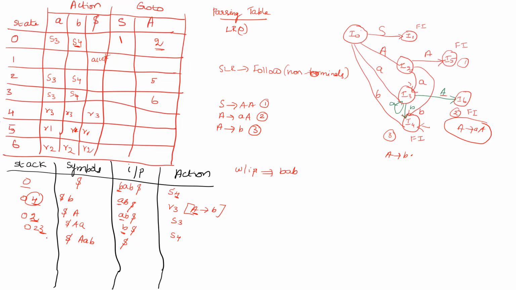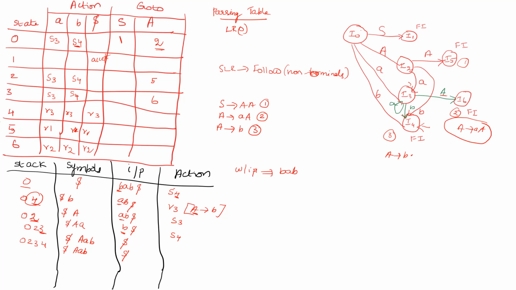Since it is S4, we add that as well: 0, 2, 3 and 4. And we have dollar, capital A, capital B, small b, and the dollar symbol.